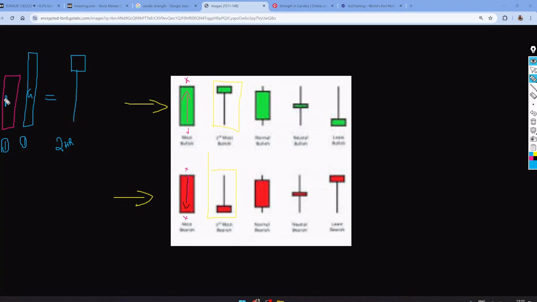So you can see here, first the sellers were selling the market in this red candle. Then immediately buyers came in and started to buy. Obviously the selling candle is small and the buying candle is big, right? So when you see this kind of candle with a large wick at the bottom, you can easily say that there is buying pressure.